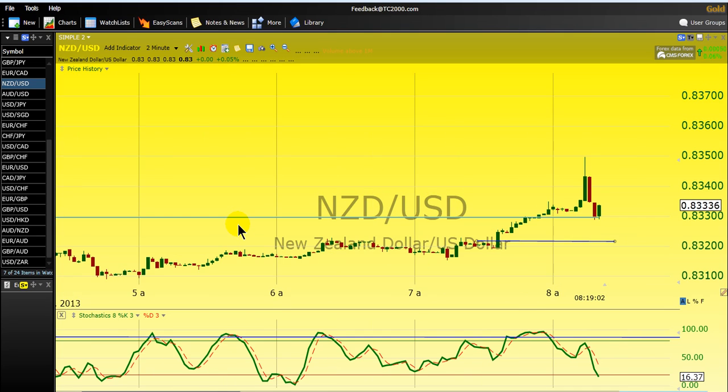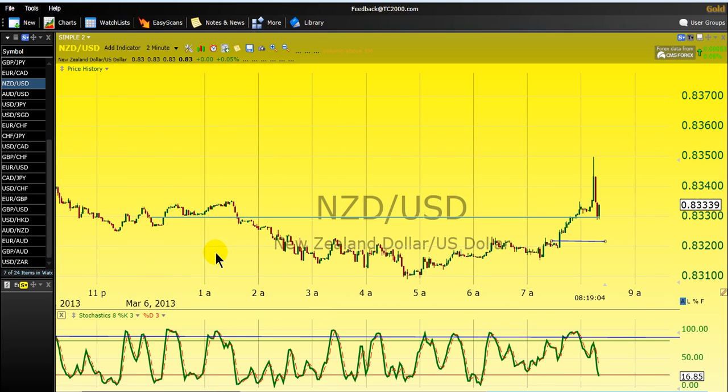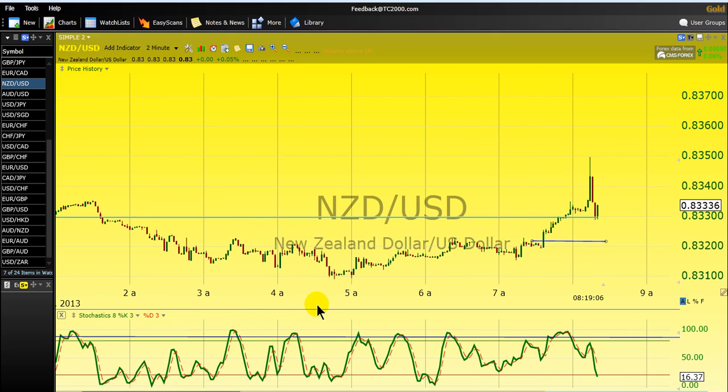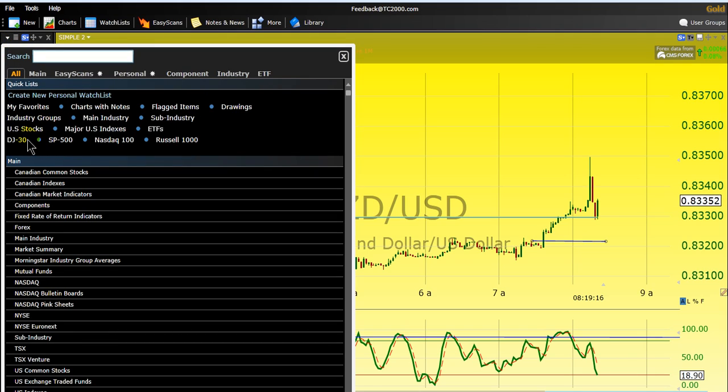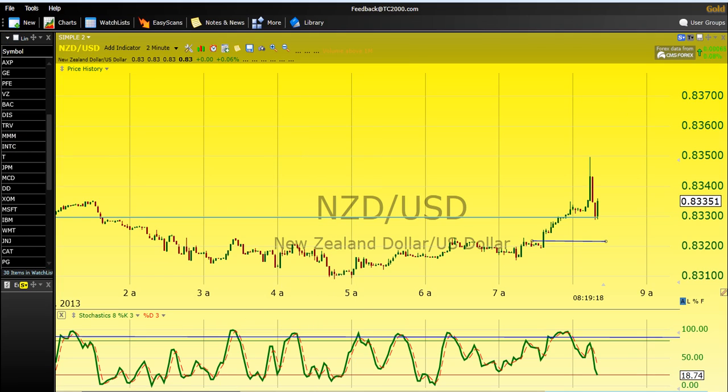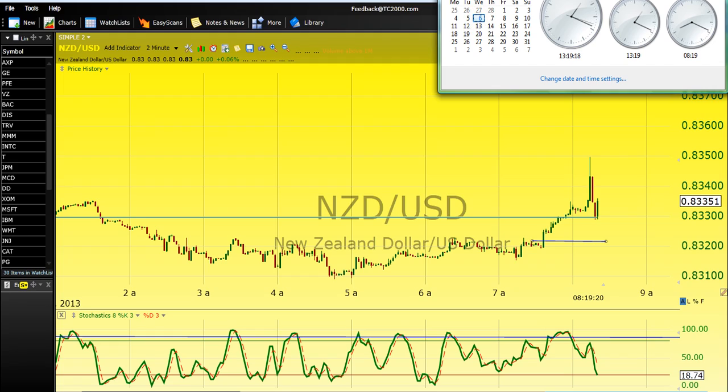We also discussed a margin of safety. It doesn't mean that any setup that you see, you have to take it. You don't have to. You need to be selective. On the Dow 30, the 30 stocks listed on the Dow 30 for today, the 6th of March 2013, there are 22 stocks that are overbought on the 4-hour chart.